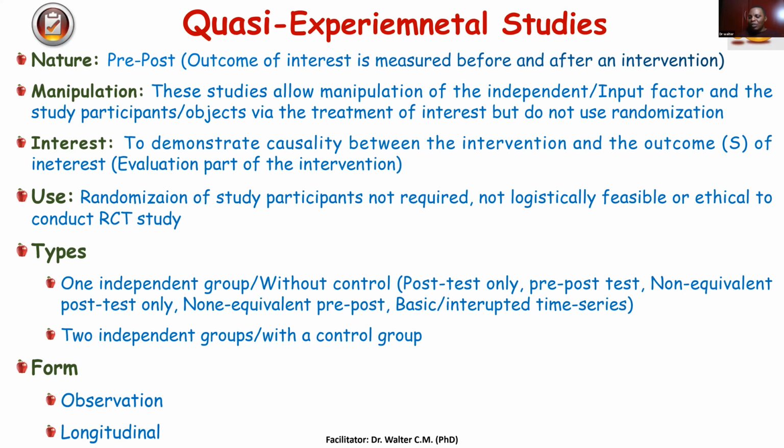But the control, they are not given and they are not healed. This is an ethical issue. If it happens like this, it means you need not use a quasi-experiment. You need to opt for a randomized controlled trial.